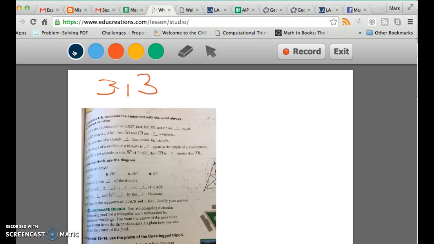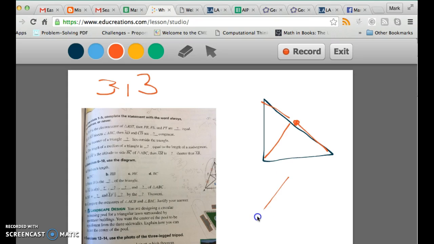The first problem says if there's a triangle RST and P is the circumcenter, then PR, PS, and PT are... are they always equal? Well, sure doesn't look like it. Not right there, right? Can they be equal would be another question.